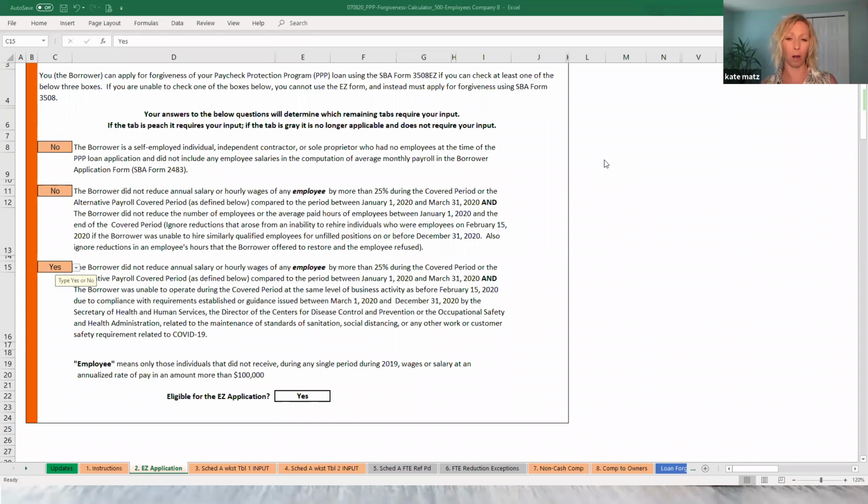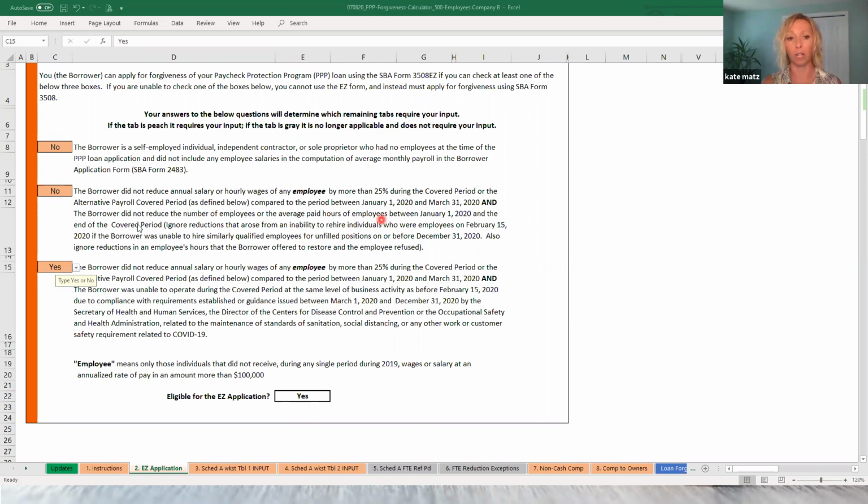It sounds like this question is getting at the FTE portion specifically. You'd look at all of your employees, whether they were full-time or part-time, and do that FTE calculation from one period to the next. If you didn't have a reduction there, then you could meet this criterion, did not reduce the number of employees or average paid hours, and you're eligible to use the EZ form.